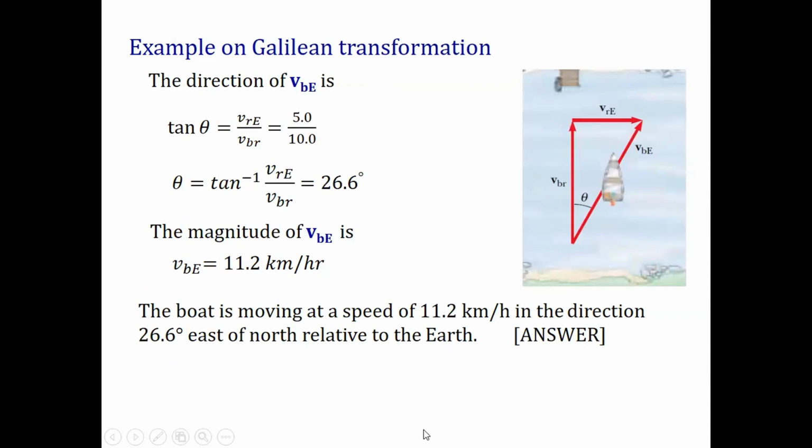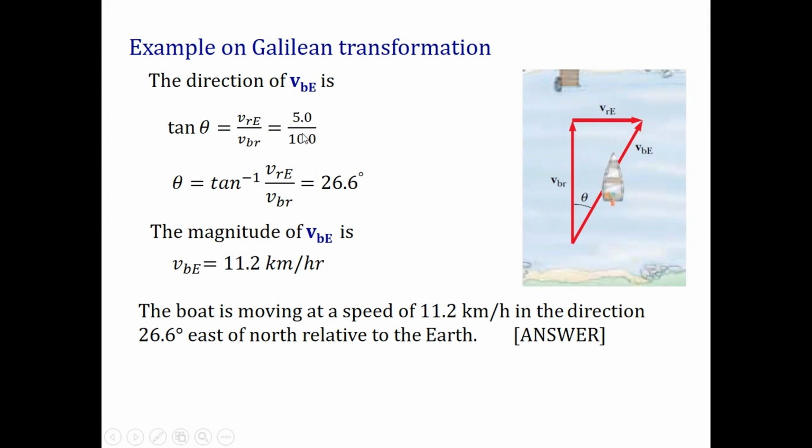We can also tell the direction theta of this velocity of the boat with respect to Earth. For this vector angle, tangent theta is equal to V RE divided by V BR, the velocity of the river with respect to Earth divided by the velocity of the boat with respect to river. So it is 5 divided by 10.